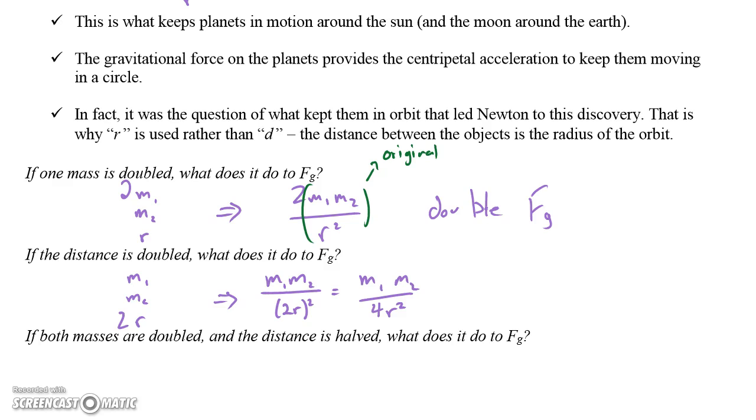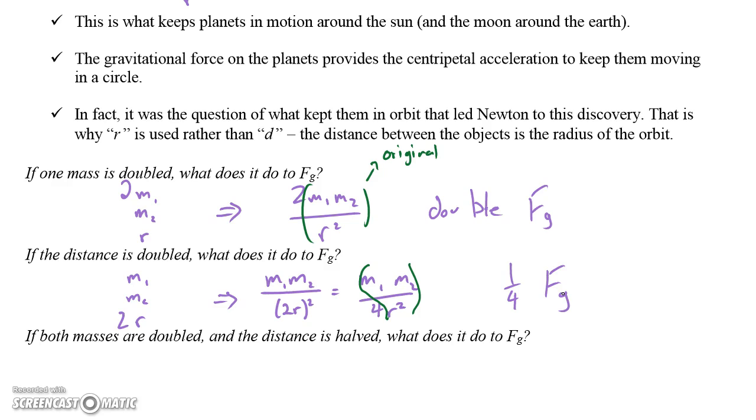Now let's highlight what part is our original, which is just that part, which allows us to see that we have 1/4 of our original Fg. So we've cut it by 4 by doubling our distance. So the distance makes a bigger factor than the masses. It changes it more than changing the mass. The farther you go away, the less force you get.